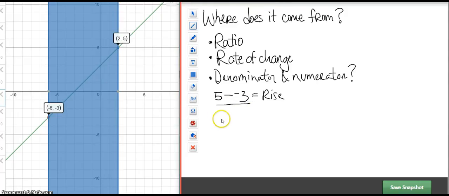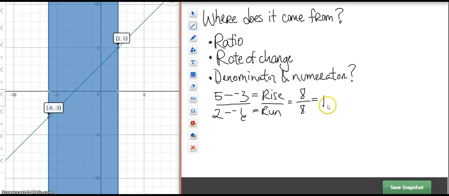So I have a fraction, and my x2 is my second value, minus my x1, which is -6. It's my run. And from there, I would simplify this to find my actual slope in this problem.